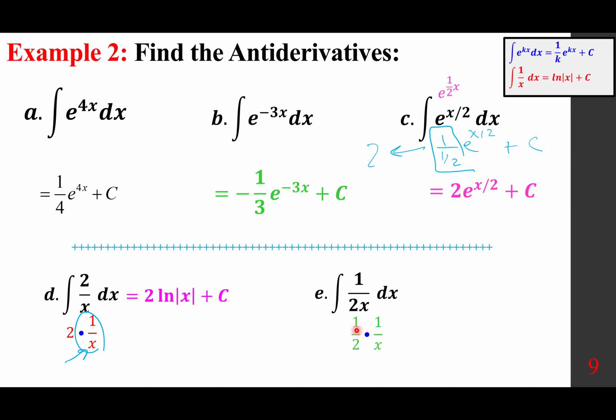So this 1/2 remains, and we deal with it just as we did here. So 1/2 natural log of absolute value of x plus a constant. It's that simple. So rewriting in this case, in this case, and in this case should help see what we have to do next.